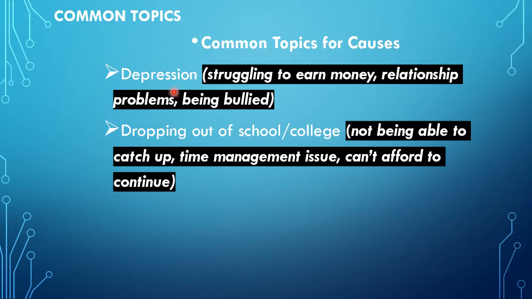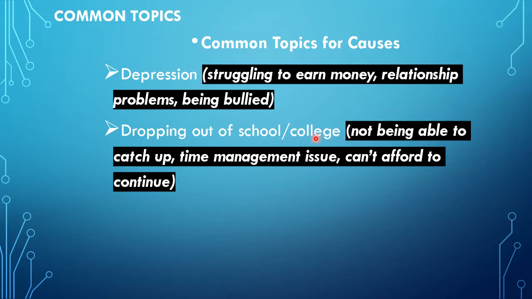Another topic that is common as well is when students drop out of school or college, right? So here we are going to write about why people drop out. Why do students quit college or high school, for example? As you can see, these are the possible reasons why students quit. Some students drop out because they are not able to catch up with the lessons.